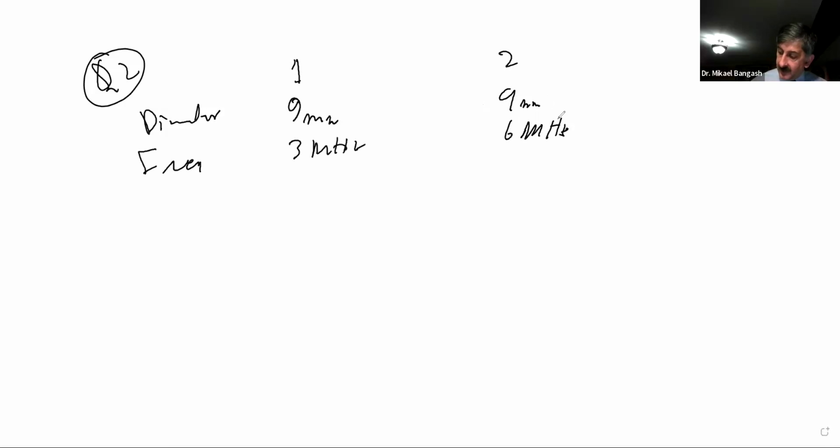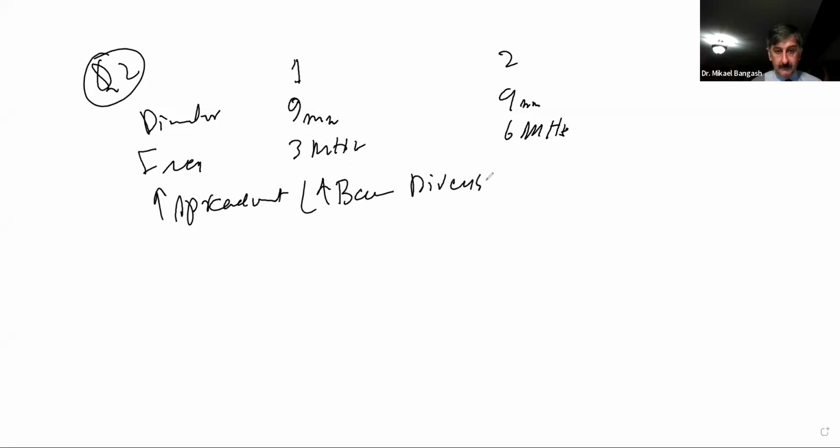Which of these sound beams will spread out more in the far field? So we can say have a greater spread out, which means we will have a greater beam divergence.